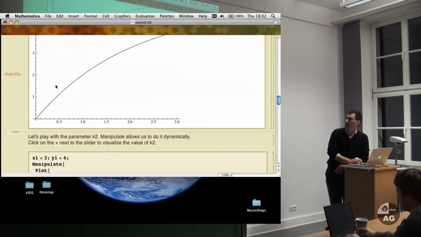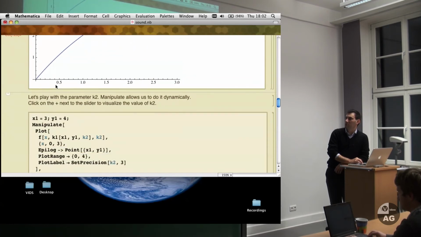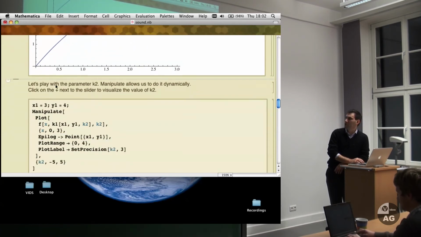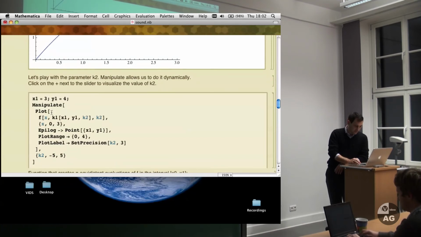And now since K2 is a parameter with which we can play, I show you this manipulate instruction, which is very, very useful. What am I doing? Manipulate allows me to put on a slider a parameter.